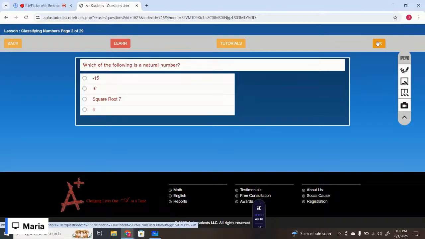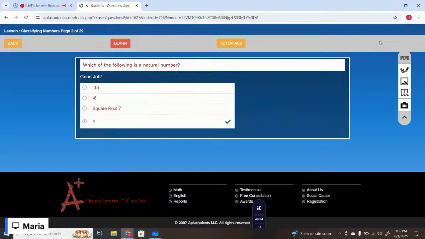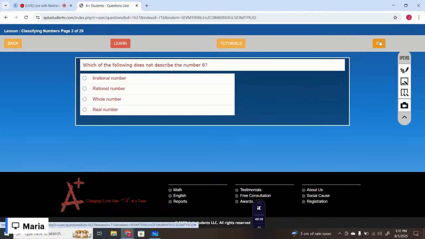Which of the following is a natural number? The correct option is 4. 4 is the natural number. Which of the following does not describe the number 6?